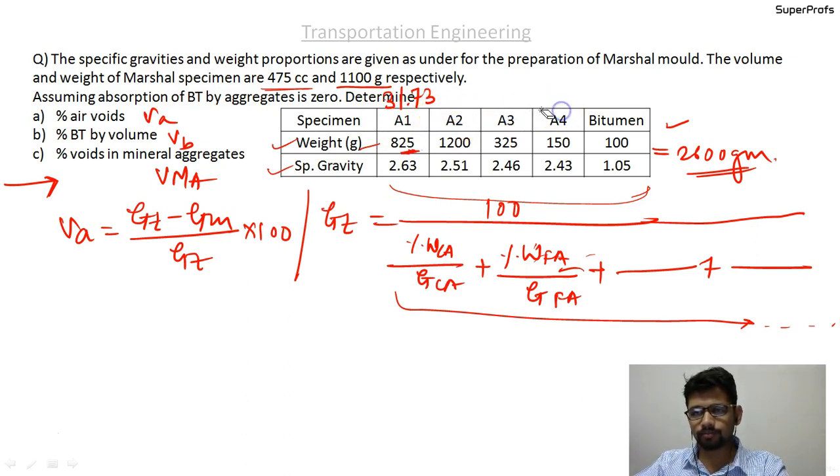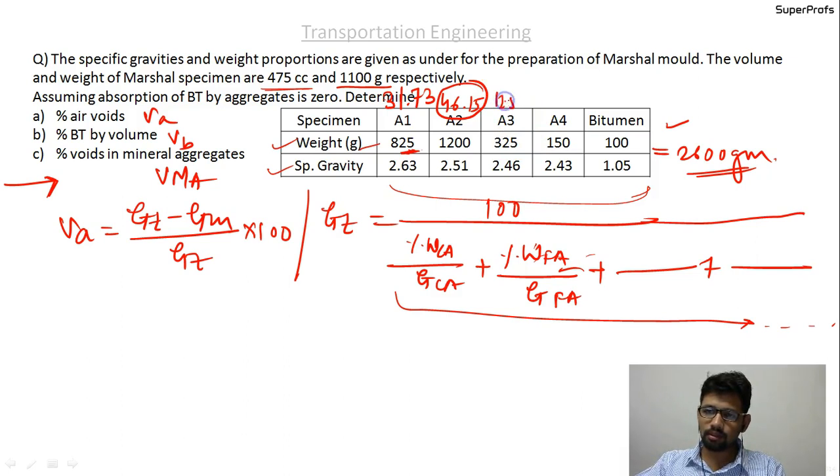The second one is 46.15%. Third one is 12.5%. The fourth one is 5.76%. And bitumen is 3.84%.